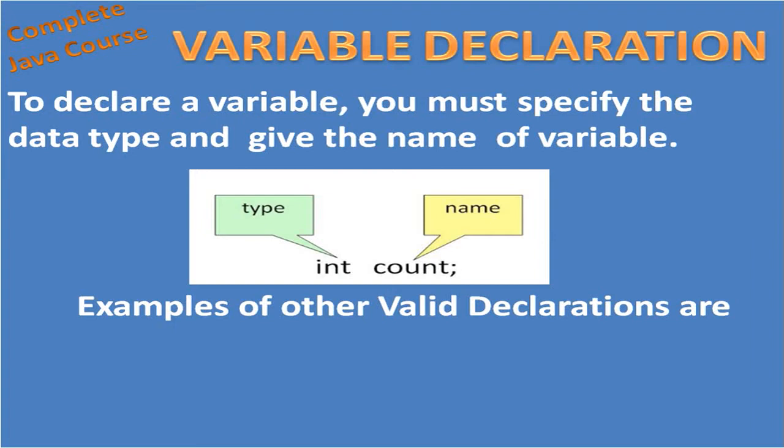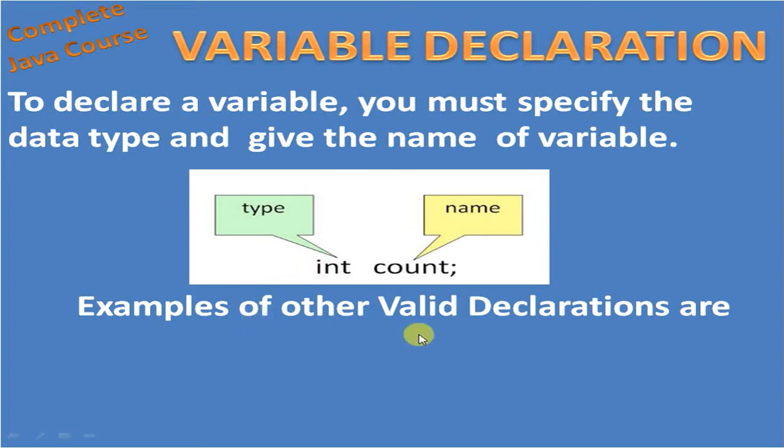First you give the type, and second the name. The type is whichever kind of values this variable will hold.